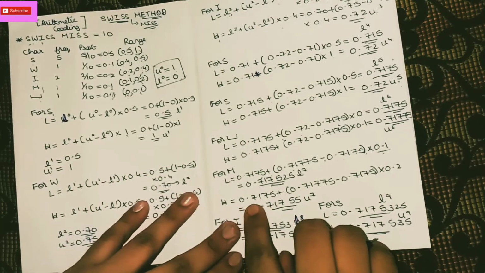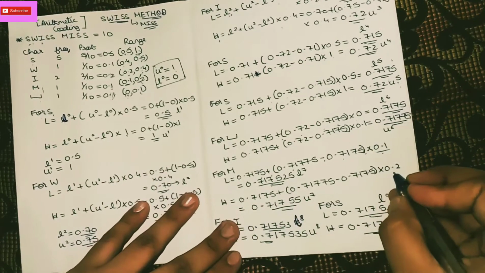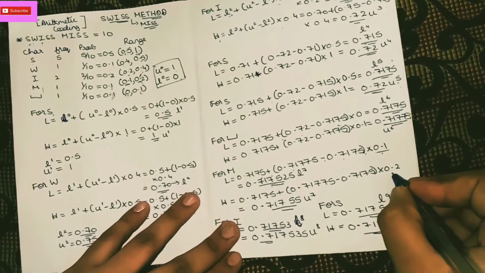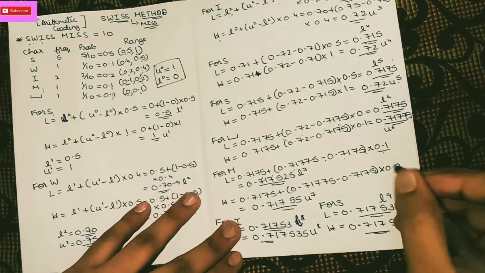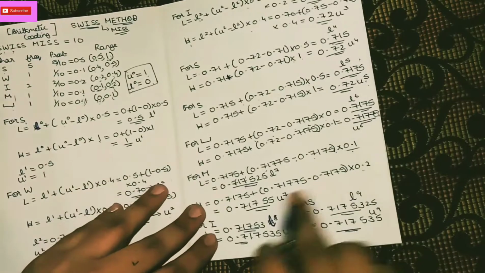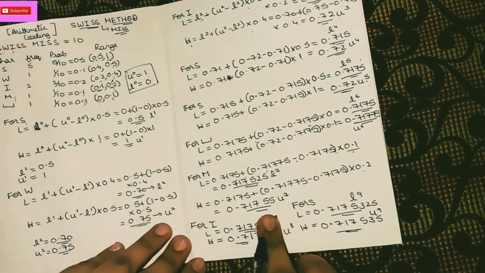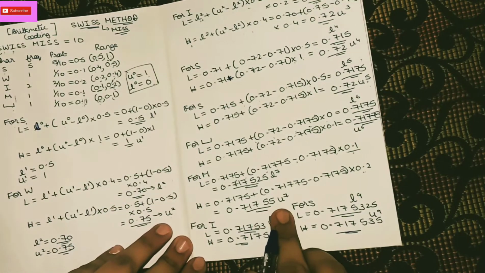For the higher limit, you will require the higher limit of M, that is 0.2. So you get 0.71755 as U7.